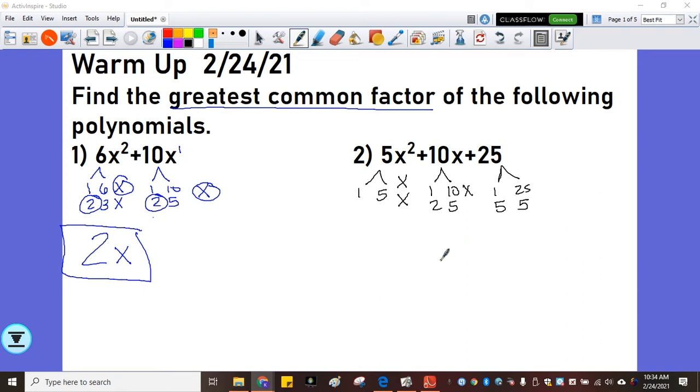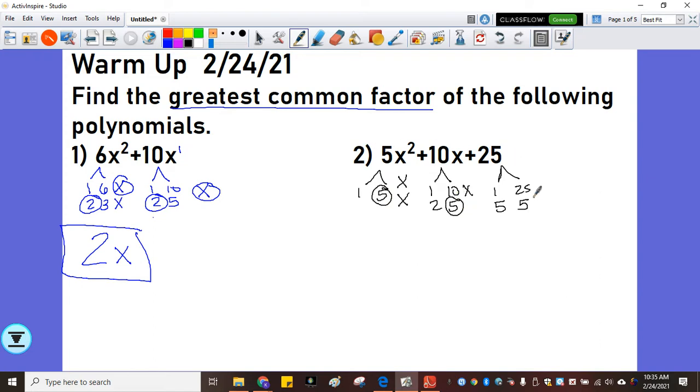Still writing, I'm gonna slow down. So it's the biggest number that goes into all of them, 5.